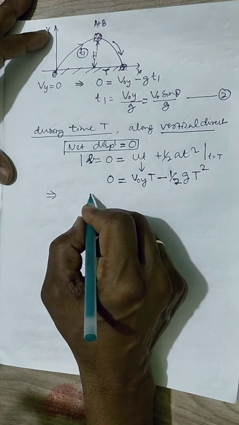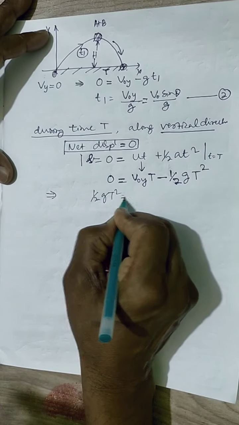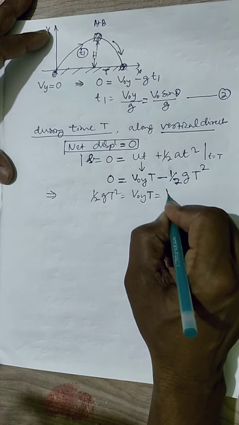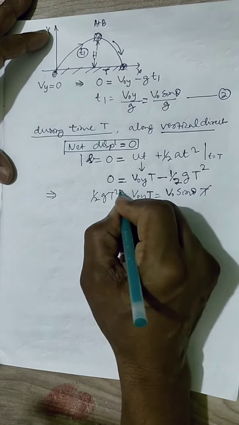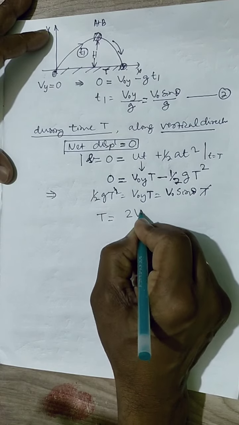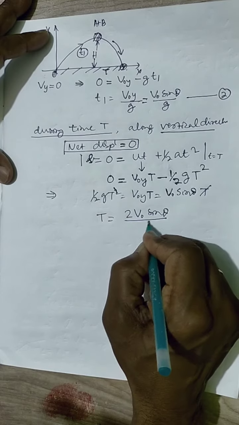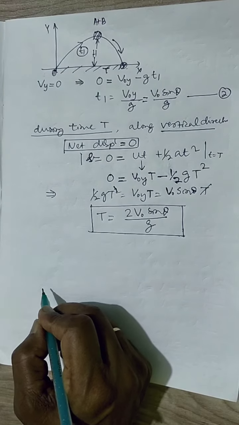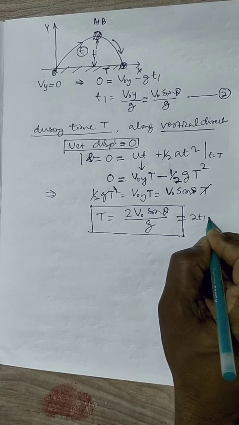Rearranging this, half g t square is equal to v0y t. v0y is v0 sin theta, and t gets cancelled, then t becomes 2 v0 sin theta by g. That is our 2t1.